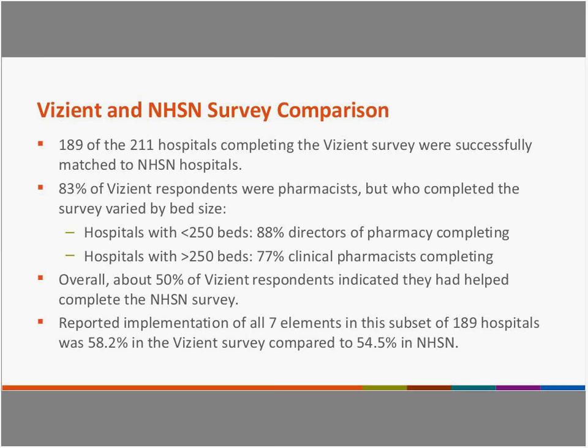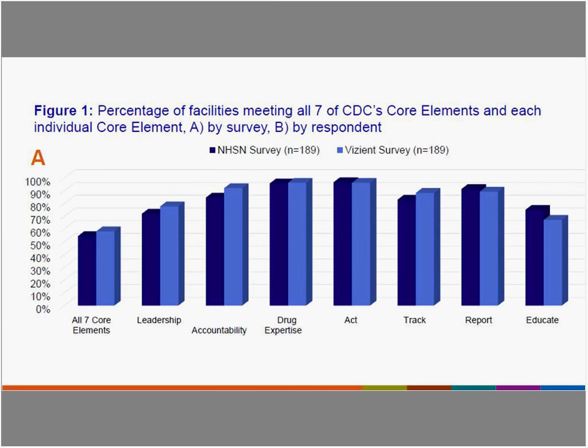You can see that across the board, there was pretty good agreement between the two surveys. In almost every instance, the Vizient survey response was just a little bit higher. The exceptions were the reporting and education areas, where the Vizient survey response was just a little lower.